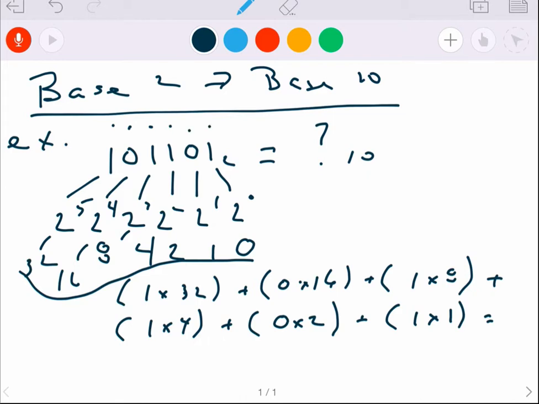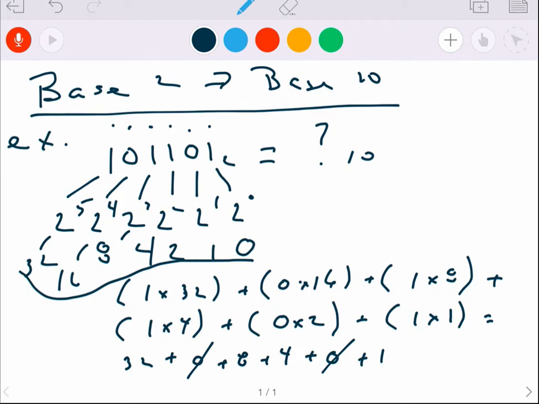Now, if you add this up, we have 32 plus 0 plus 8 plus 4 plus 0 plus 1. That's just going through and doing the calculations. Now, one of the next steps you'll do is 0 times anything is always 0. So, you probably stop pretty quickly even putting those zeros down there.